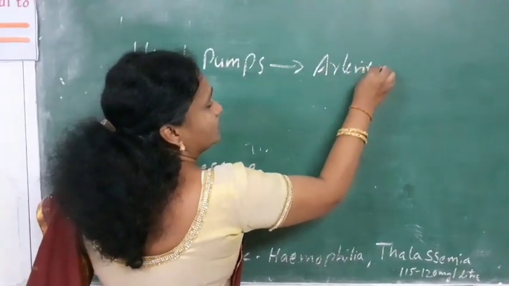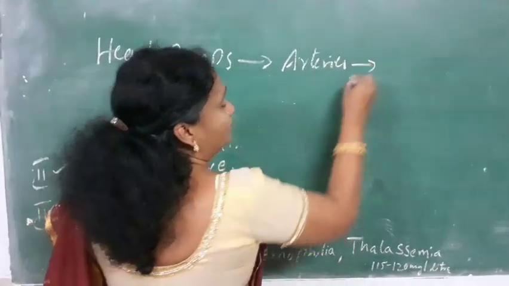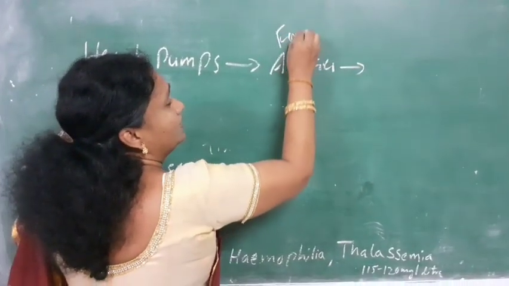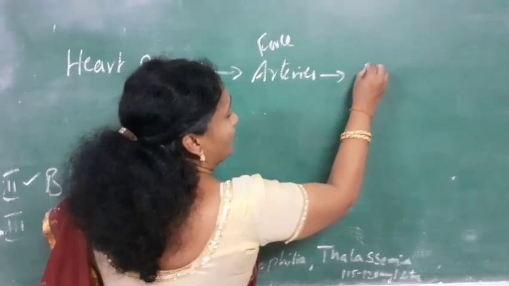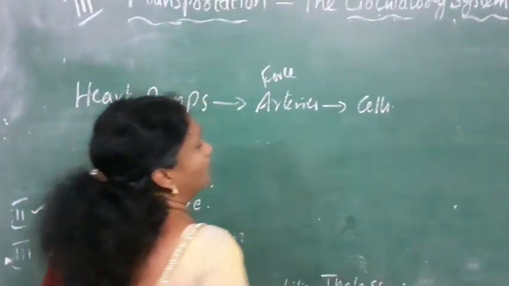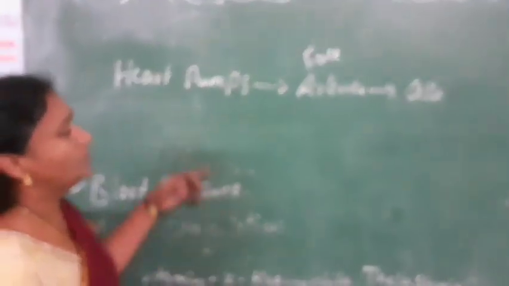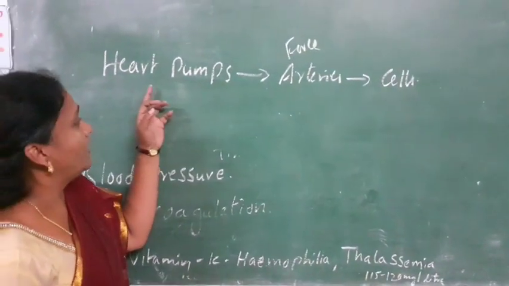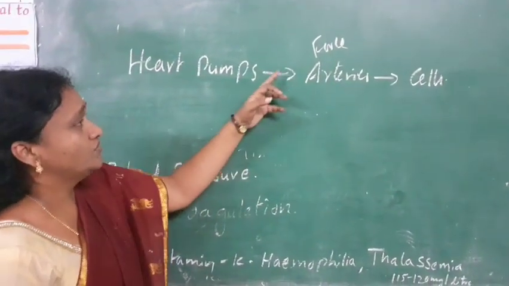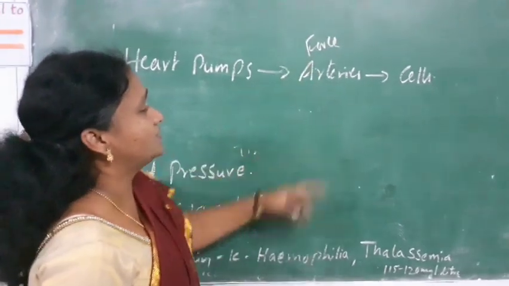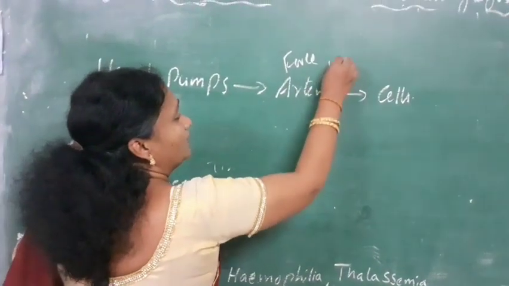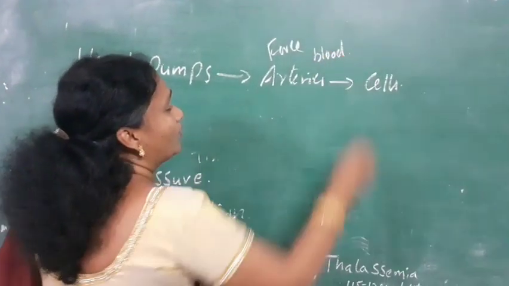That force is necessary to supply the blood to the cells. It has to travel a long distance, and in order to do so, it has to create a force, so that the blood reaches each and every cell of the body.